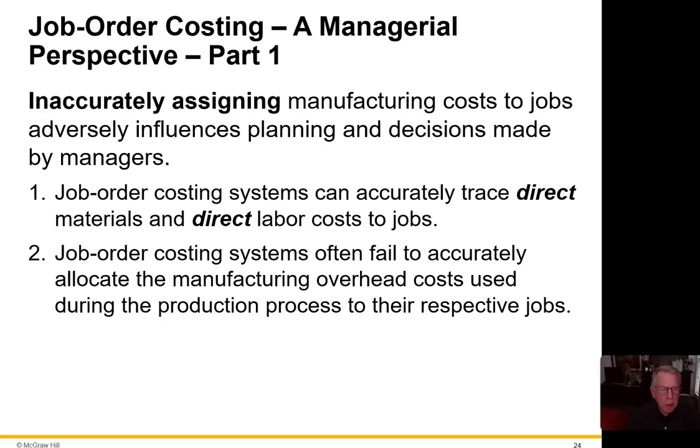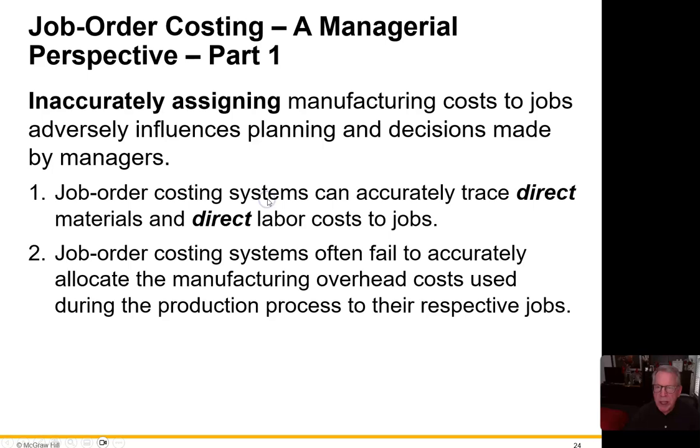And they were losing money on every single unit that they manufactured. So the more they sold, the more they lost. A very bad situation. Naturally, we got that straightened away as quickly as we could. But sometimes failing to accurately allocate those costs during the production process can have pretty dire consequences.